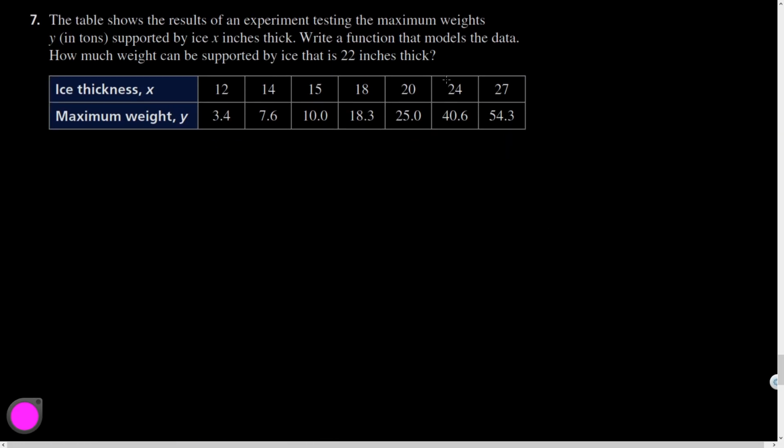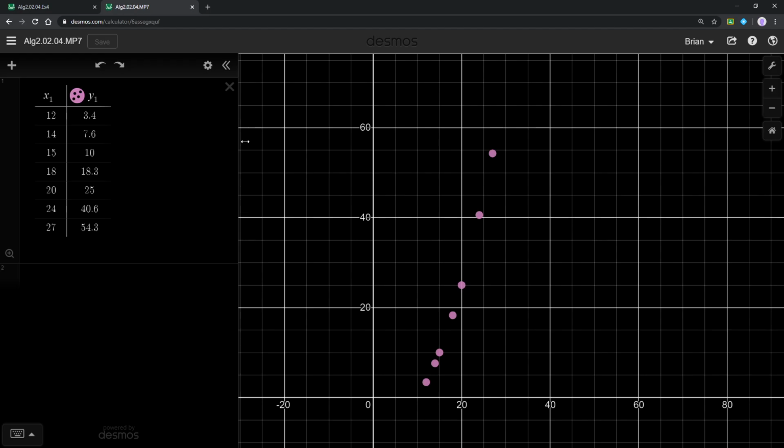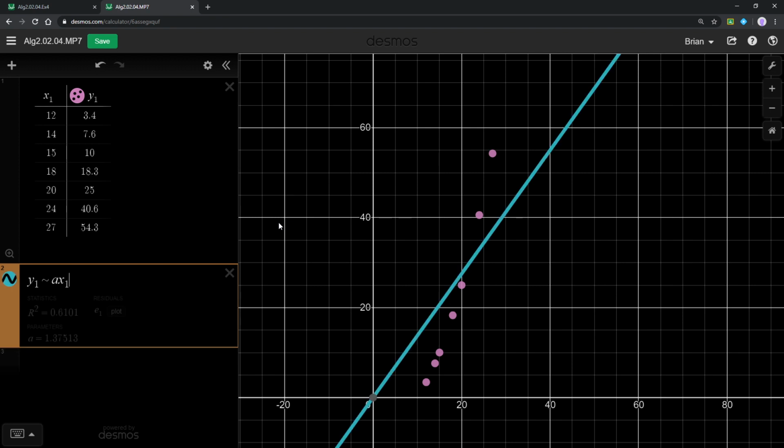This table represents the maximum weights in tons that X inches of ice can support. That's worth knowing. And so I happen to have that same table represented here. And so I would do y1 tilde ax1 squared. Make sure I square it.